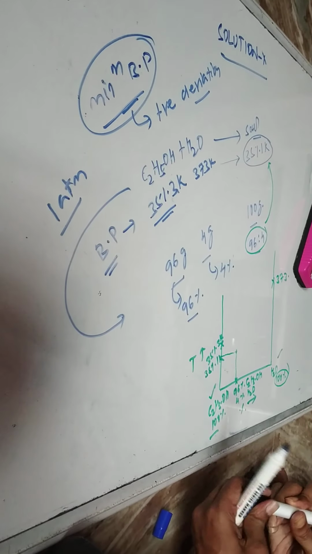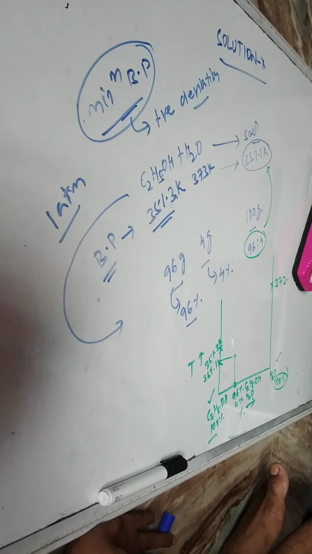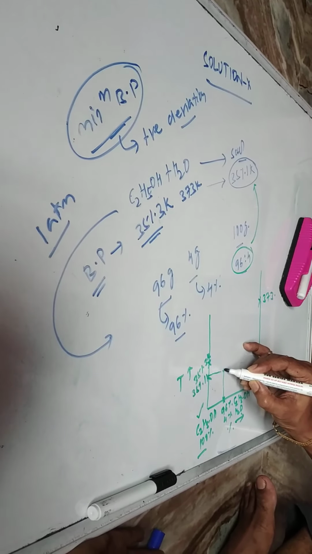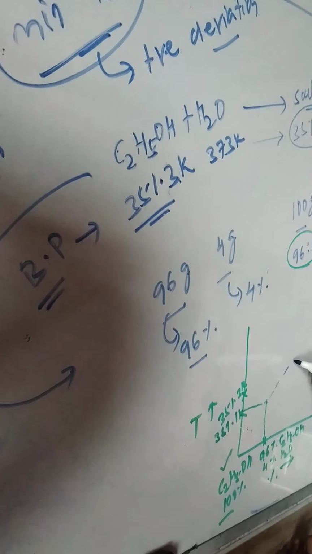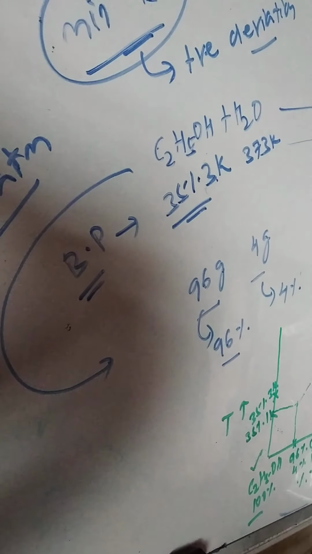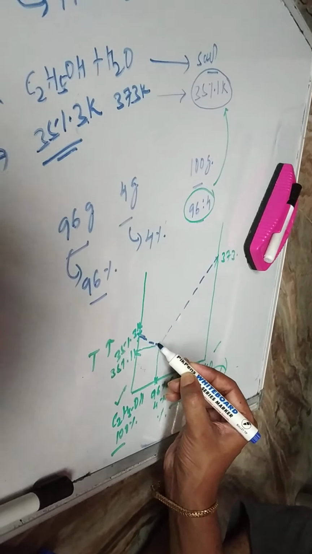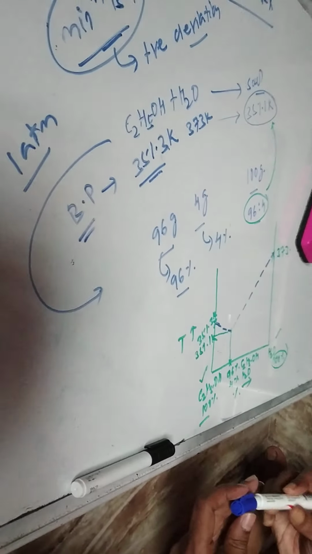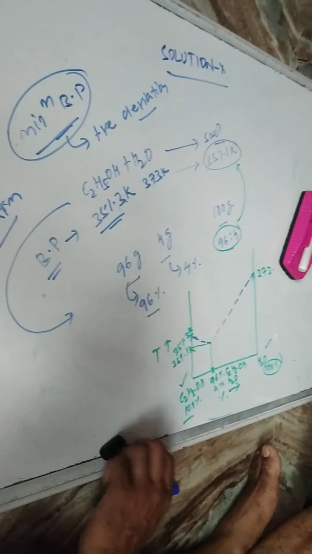Now let's think the solution is ideal. Then its graph should be a straight line, because for an ideal solution delta V is 0. But our solution is not ideal. It is non-ideal and shows positive deviation, which indicates that the vapor pressure will be more.